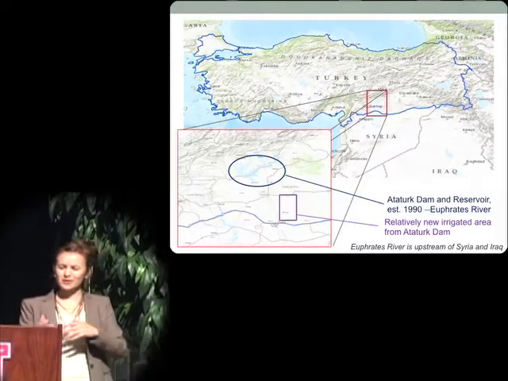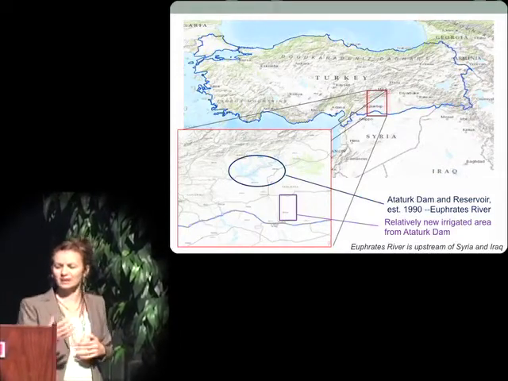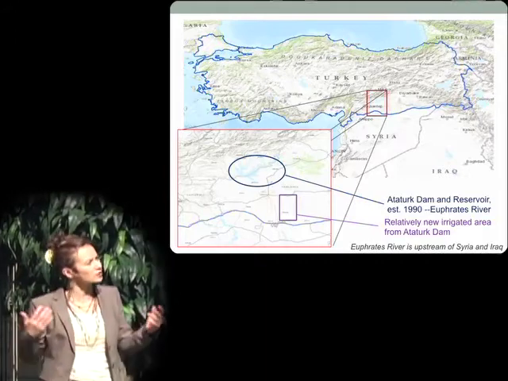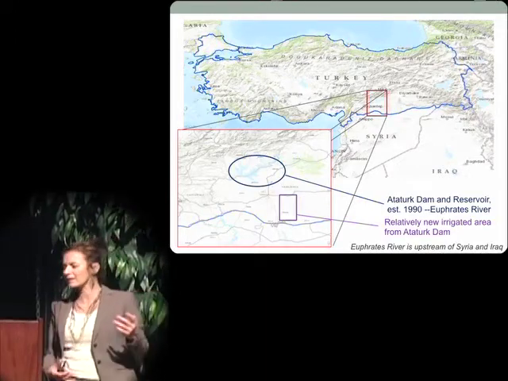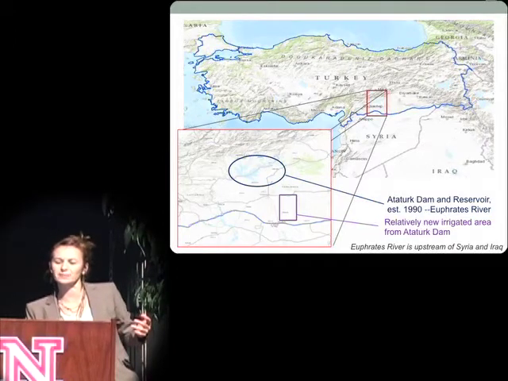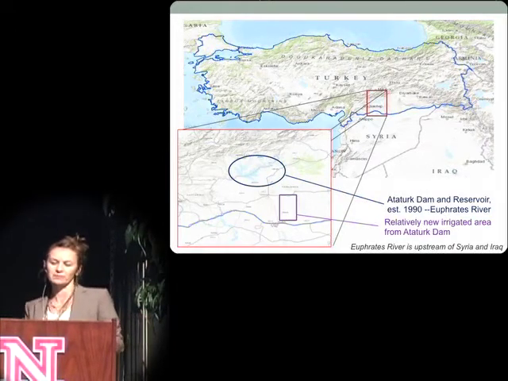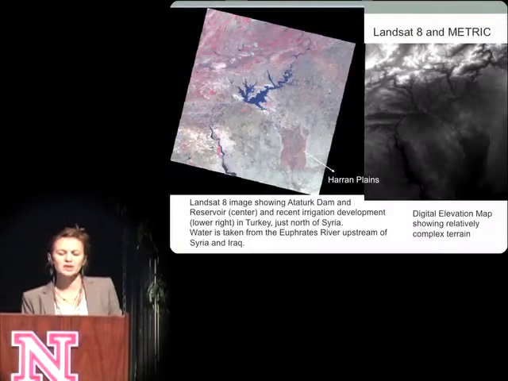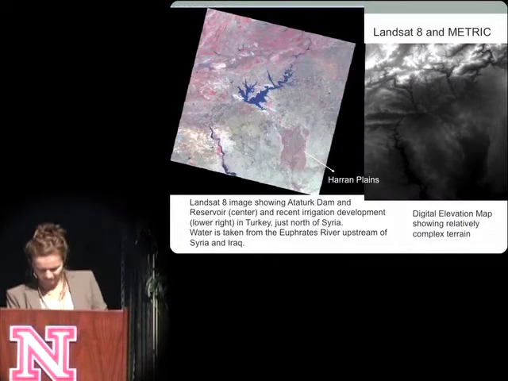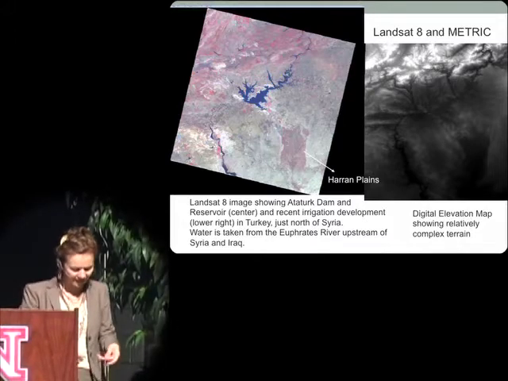There's always pressure between Syria, Iraq and Turkey. If Turkey uses more water, there's not much left for downstream users in Syria and Iraq. So this is a really hot spot that I figured I should just go ahead and bring to their attention. So I processed that image. Here's this Atatürk Dam, and the fight really started after 1990.